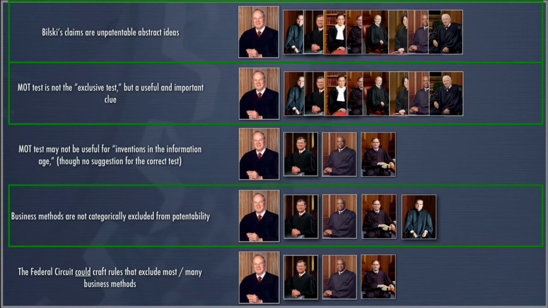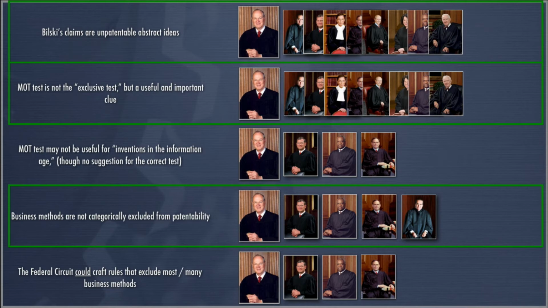Everybody agrees on that. Everybody also agrees that the Federal Circuit was completely wrong about machine or transformation being the exclusive and sole test. That's rejected. So that cannot be the exclusive test.